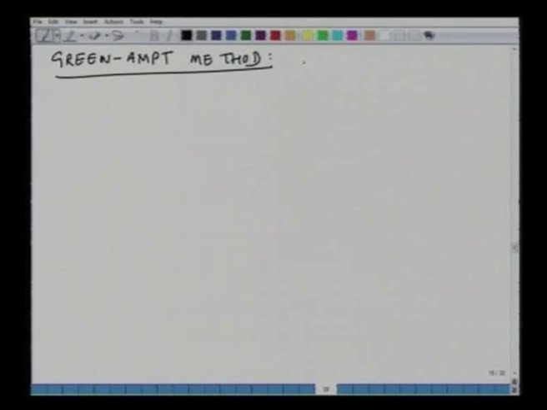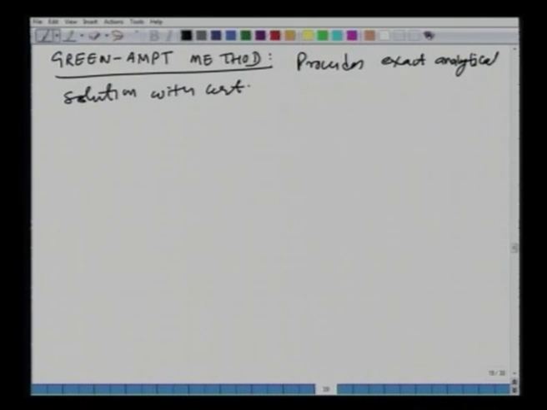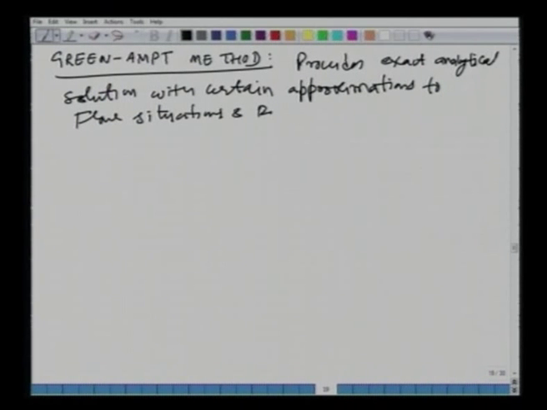It provides an exact analytical solution with certain simplifications or approximations to the flow situation.